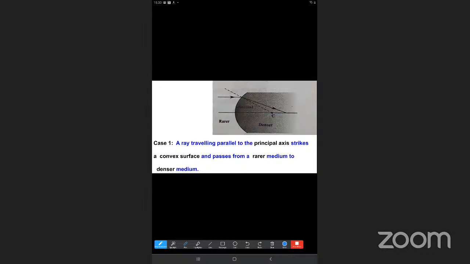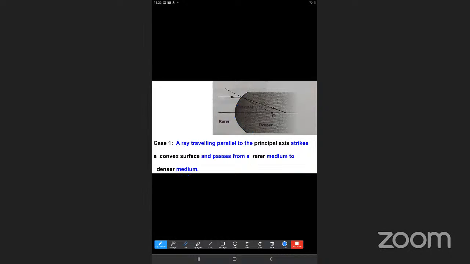Here, the incident ray is parallel to the principal axis. When a ray traveling parallel to the principal axis strikes a convex surface, it passes from a rarer medium to a denser medium. So this is a convex surface, and this light ray strikes the convex surface.